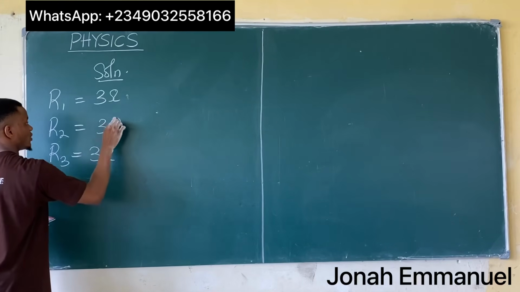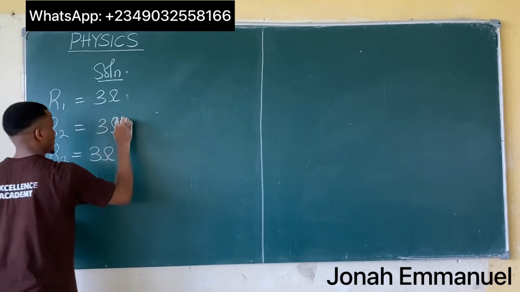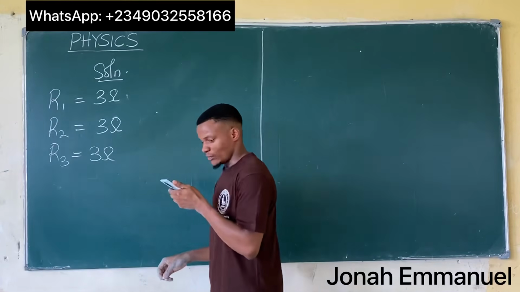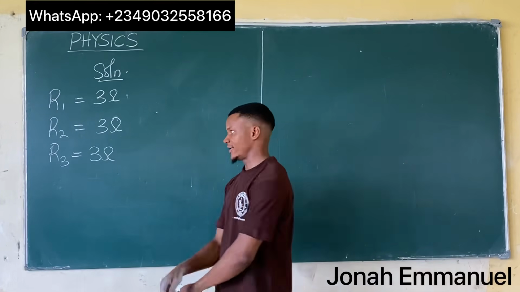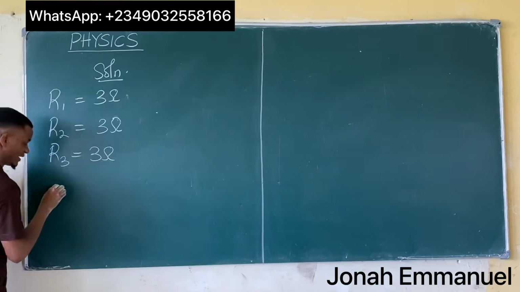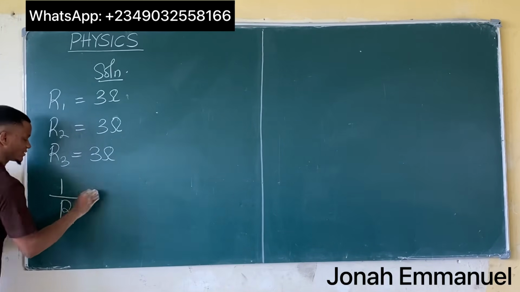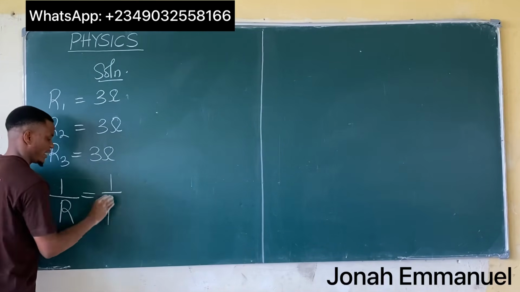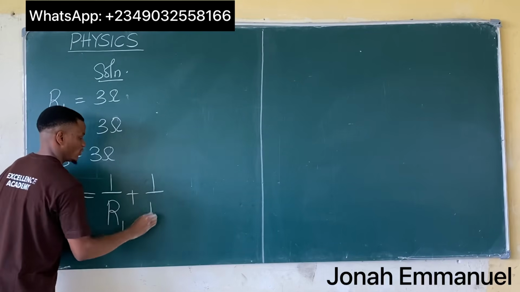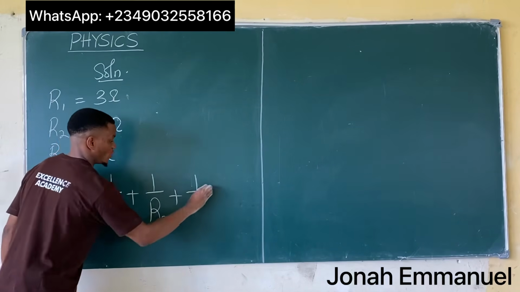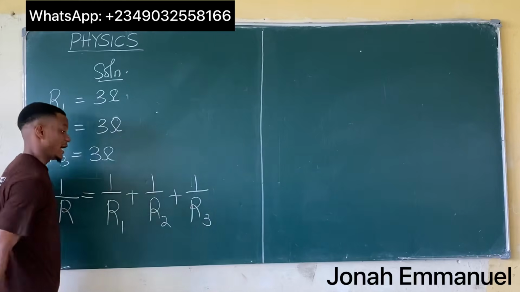The question said the 3 ohm resistors are connected in parallel. Alright. So parallel connection will have that 1 over the equivalent is equal to 1 over R1 plus 1 over R2 plus 1 over R3.